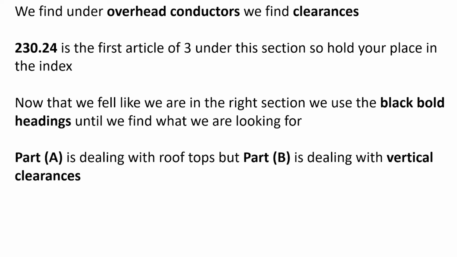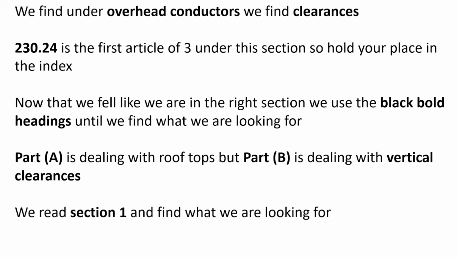So we look at part A, and it is dealing with roofs and going above the roof. But if we look at part B, it's dealing with vertical clearances. And when we read section 1, we find exactly what we're looking for. It says 10 feet, but we need to read through that whole section and make sure it's what we need.